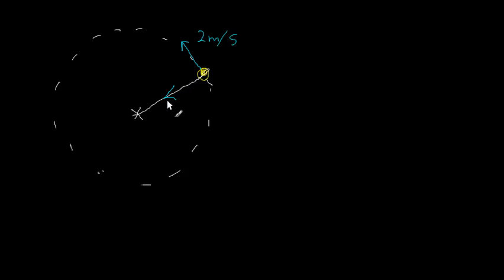And suppose that the length of my string is 1 meter, and the rock has a mass of let's say 0.01 of a kilogram. Just a very small piece of rock.